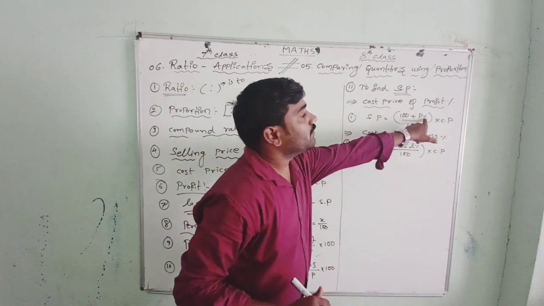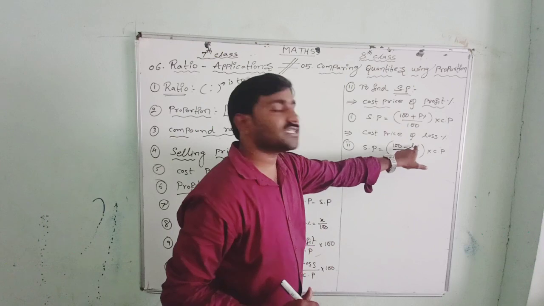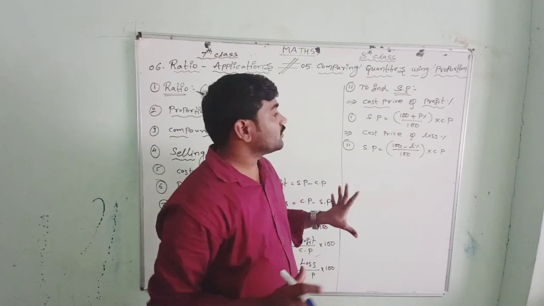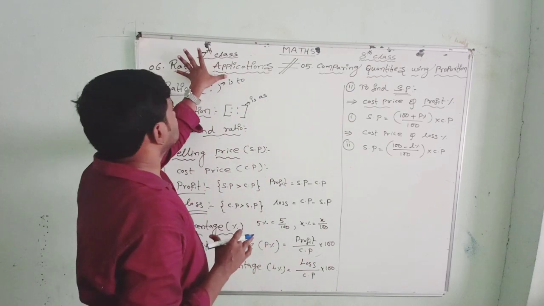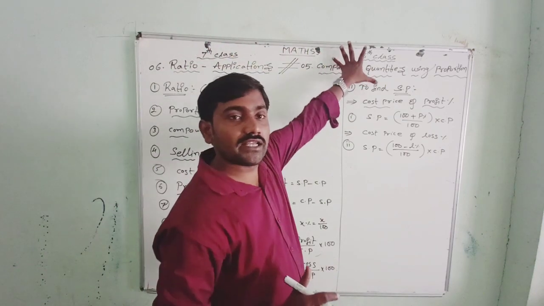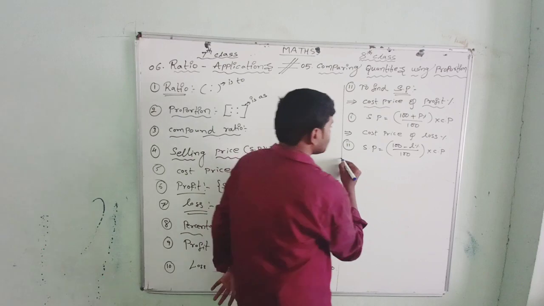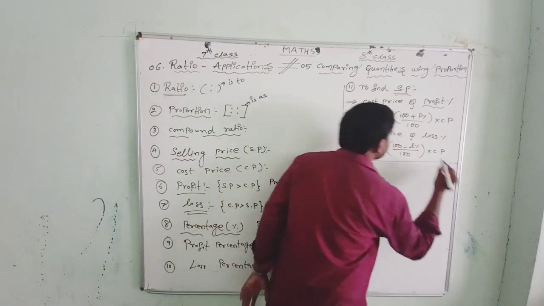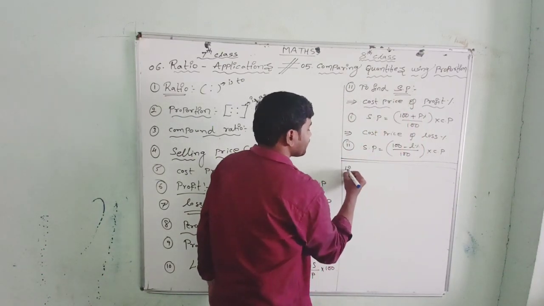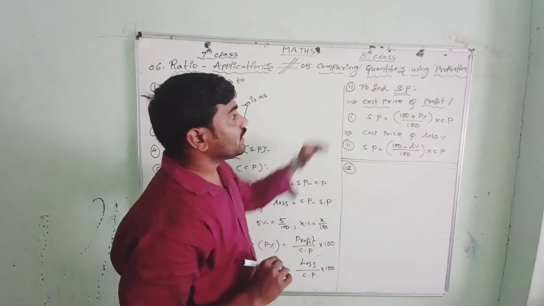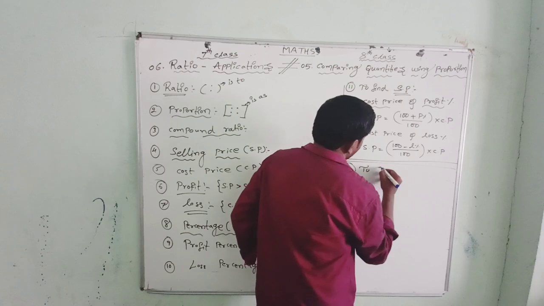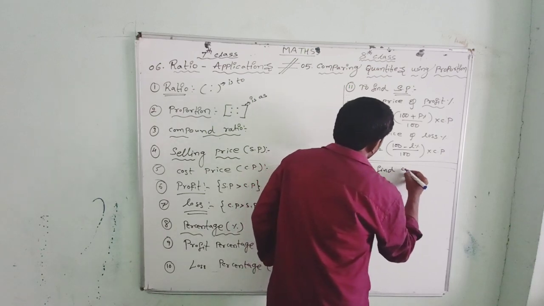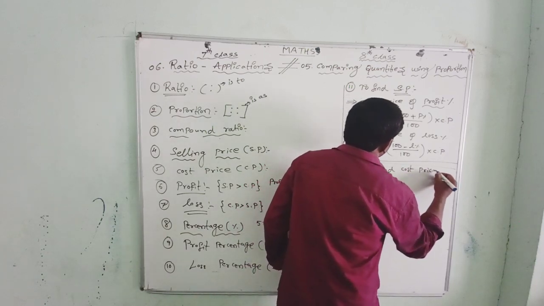Simply, instead of plus profit percent, you put minus loss percent. That's it. You will get the answer. Based on this, we have problems in the 6th, 7th class and also in the 8th class. Please remember this. Not only this, children, similar to this we will have formulas here to find out the selling price, but here to find the cost price.